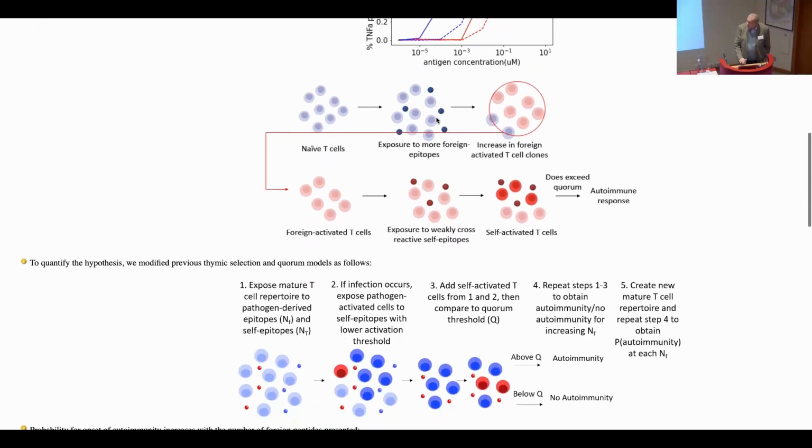So essentially, the idea is that we, in our model, see what happens after a previous activation has occurred. We retest our model of an ensemble of T cell receptors to self-peptides with a lower threshold and see whether together they generate a quorum or not.